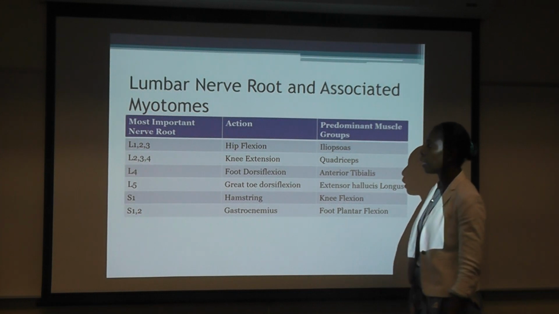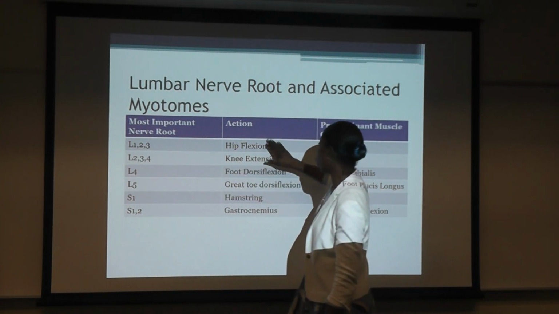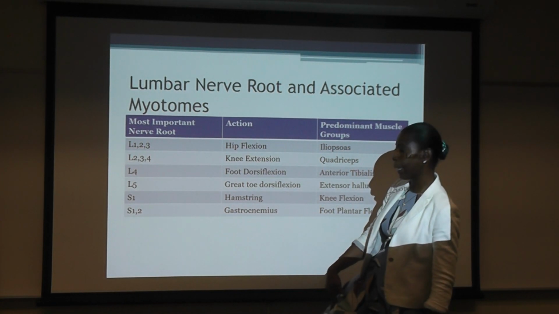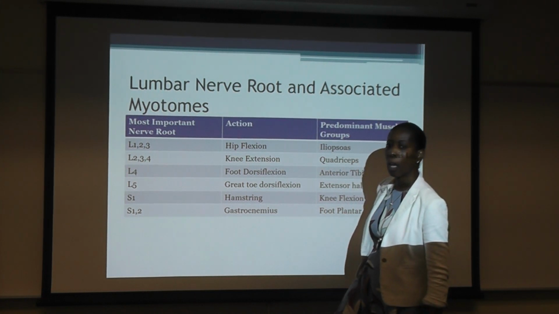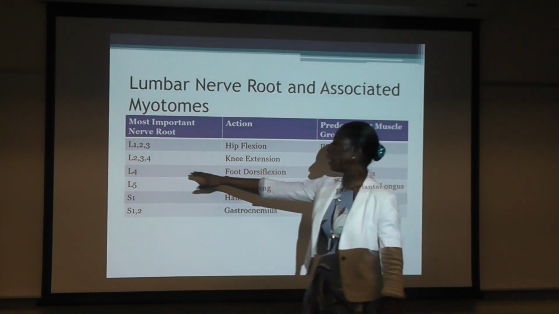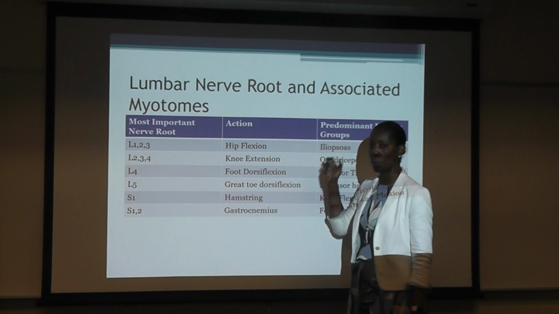Now testing it, okay, so L1, L2, and L3, you're going to do hip flexor. I should be able to lift my leg up, and that's your iliopsoas muscle that helps you to lift your leg up, okay? Then you have L2, L3, L4, knee extension, which is your quadricep muscle.